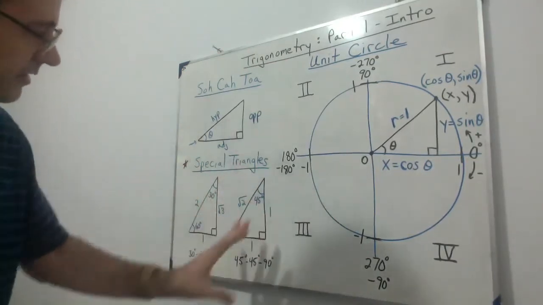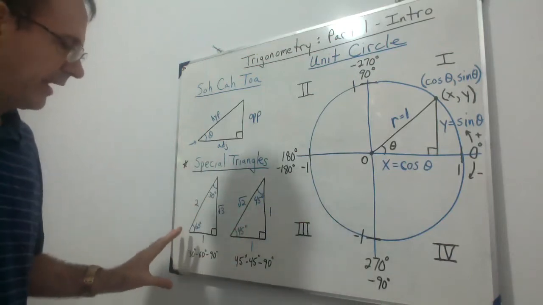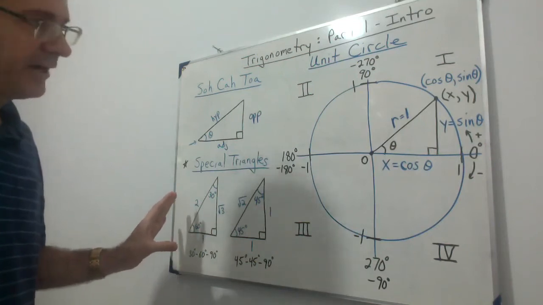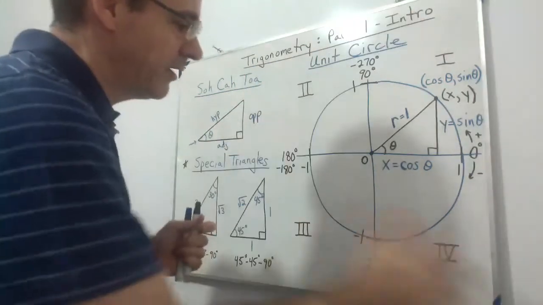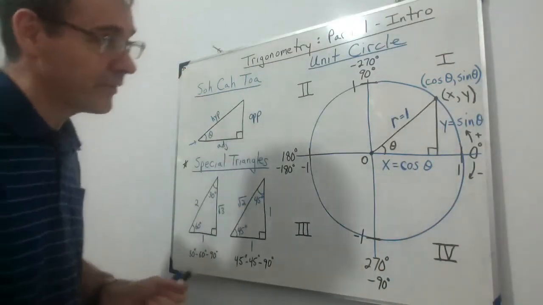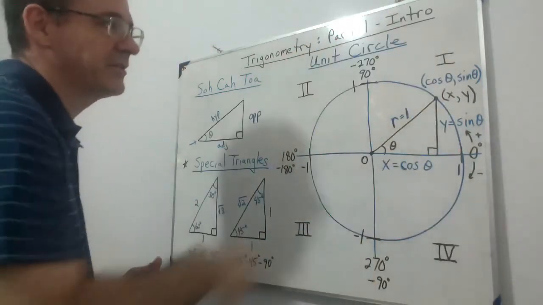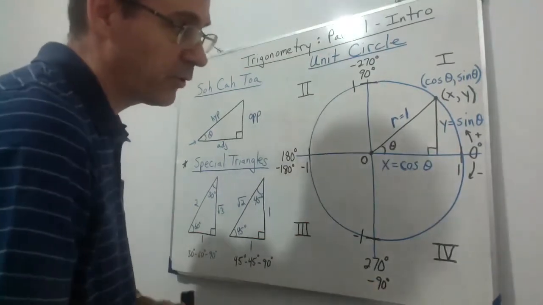But from this, you can develop all the angles in the various quadrants. So I'm just going to refer over here to the unit circle really quick. And our unit circle is broken up into 4 quadrants. First quadrant, second quadrant, third quadrant, and fourth quadrant.